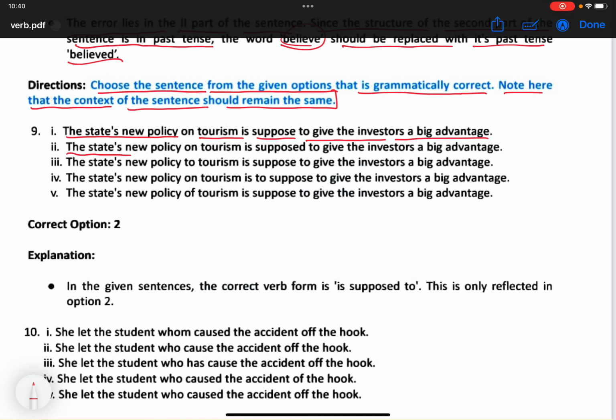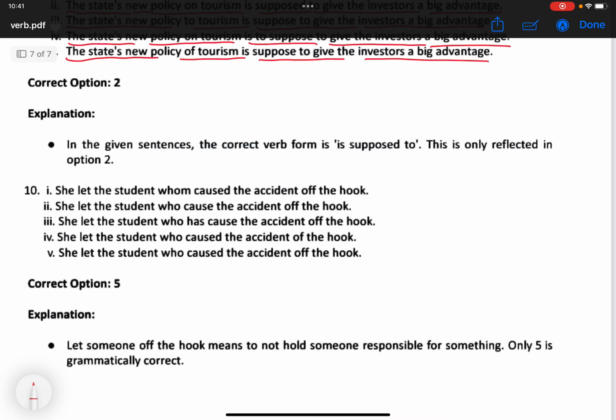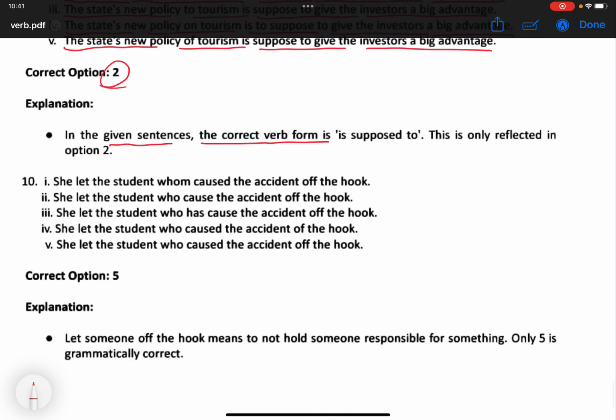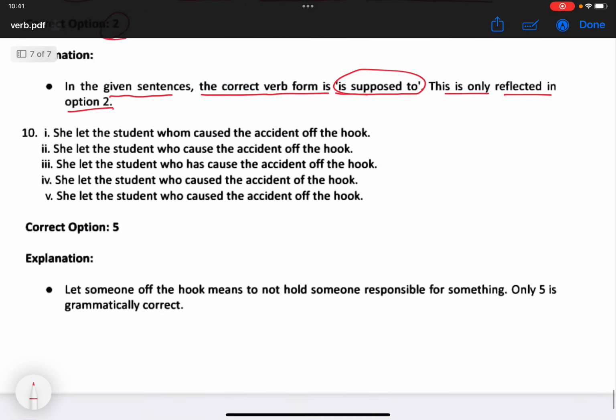Option two is correct. In the given sentence, the correct verb form is supposed to. This is only reflected in option 2.